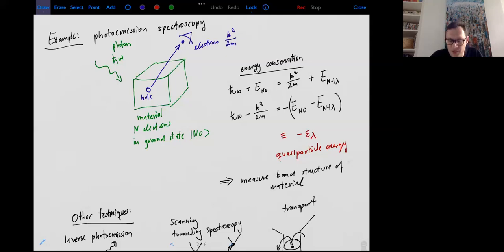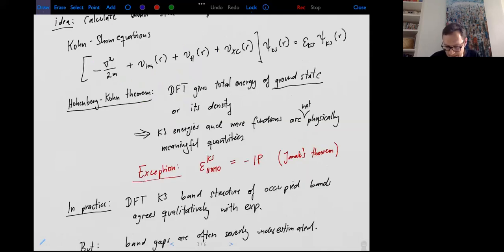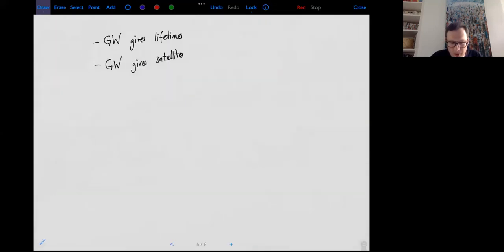And that gives rise to a secondary peak in the photoemission spectrum, which is often known as a satellite. And GW gives you those satellites, sometimes not very accurately in a quantitative way, but at least qualitatively, it gives you these satellites, which again, you cannot get from DFT.